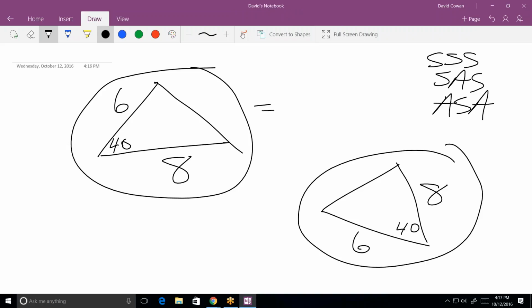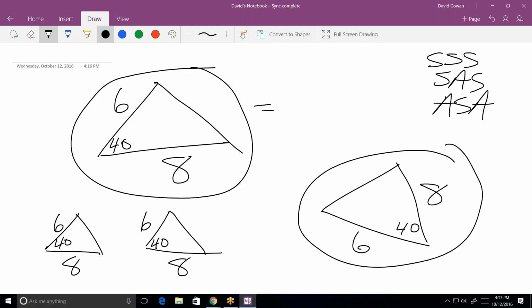Despite the fact that essentially the difference between the words congruent and equal, I'd be reluctant to say these two triangles are equal because they're drawn oriented differently. Mm-hmm. If I had a triangle like this and I drew another one exactly the same, now maybe I would say those two triangles could be equal. Okay?